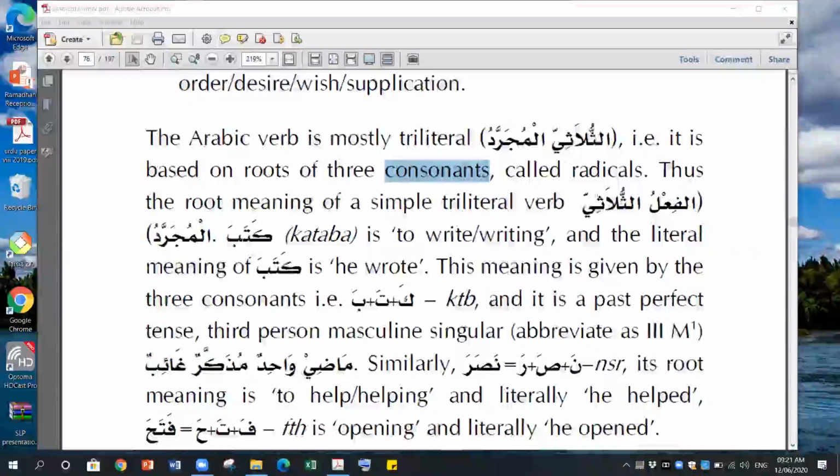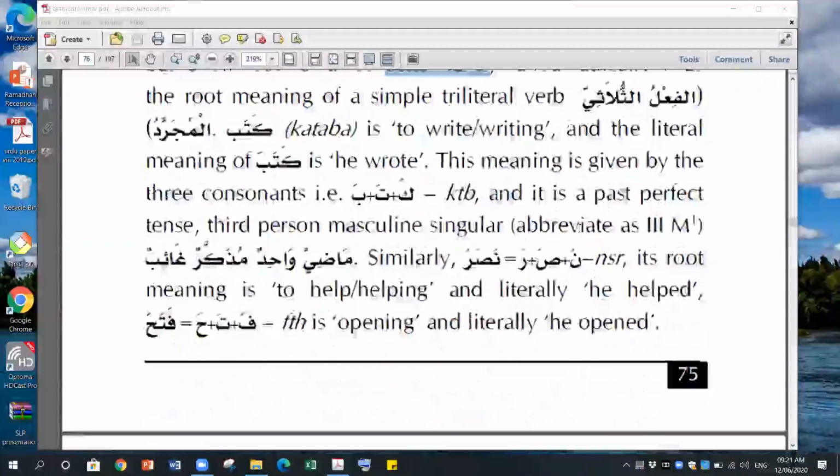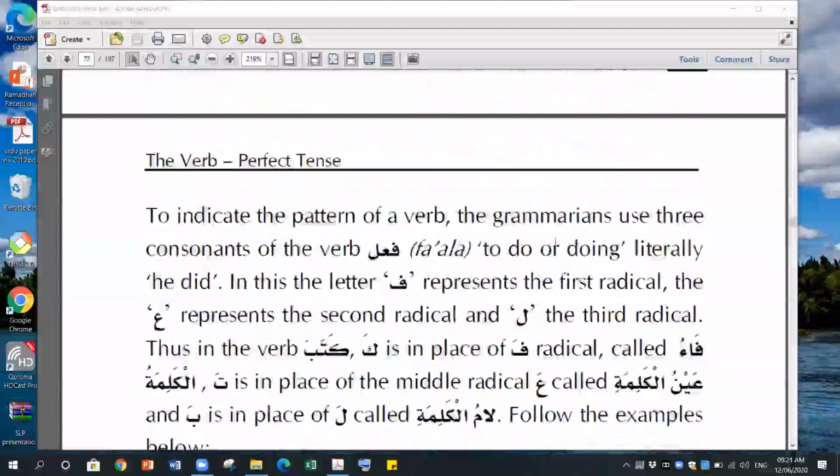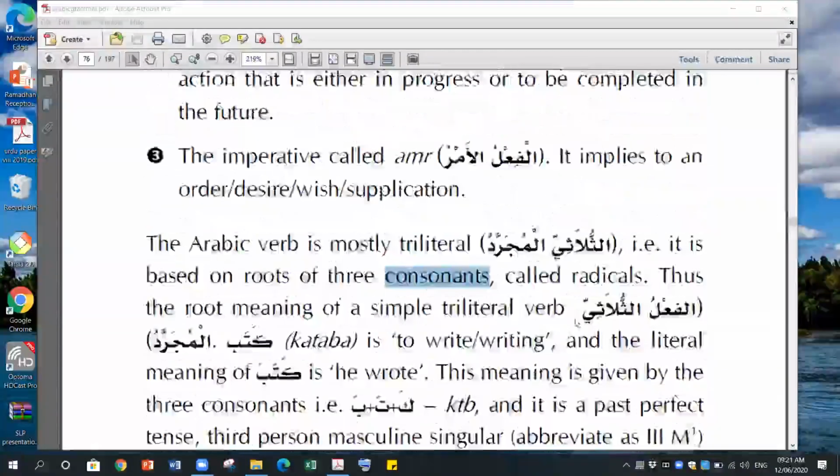And we will use fa'ala. This one, fa, ain, and lam, because fi'l itself means verb. Do you know that, Hannah? Fi'l itself means verb, as we just started here, al fi'lul amr.